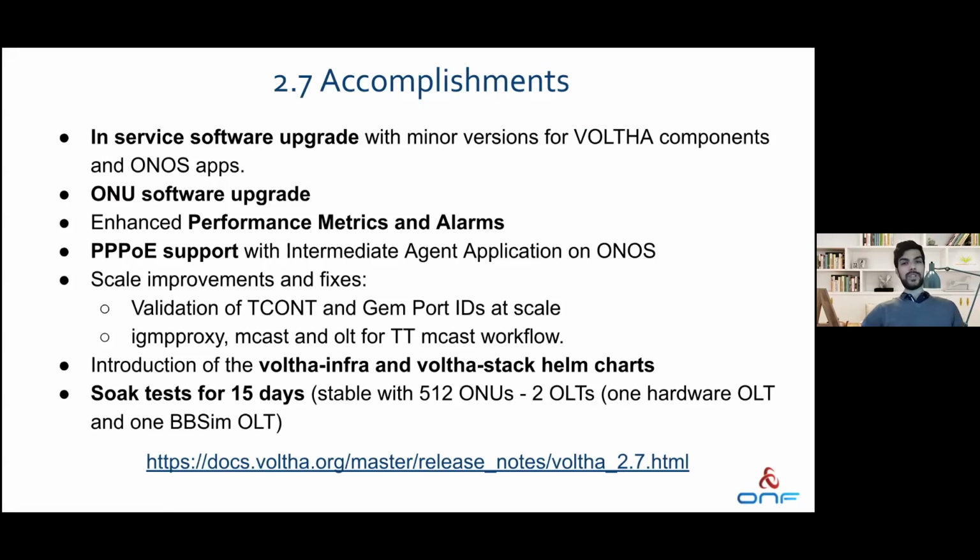We improved the scale and made some fixes, especially with the TCONT and GEM ports and the IGMP proxy multicast and OLT. We introduced the VOLTHA infra and VOLTHA stack Helm charts. And we let the soak test go for 15 days, and it was stable with 512 ONUs, 2 OLTs, 1 hardware and 1 simulated. Actually, this should say 515 because it's 512 on the simulated and 3 on the hardware.